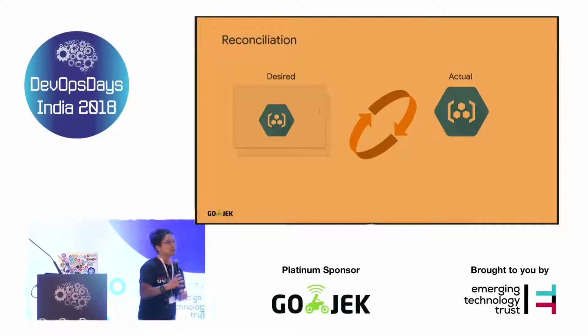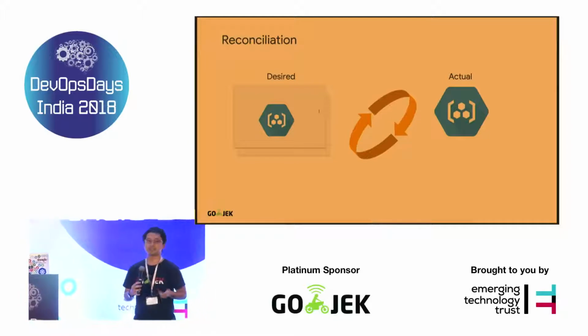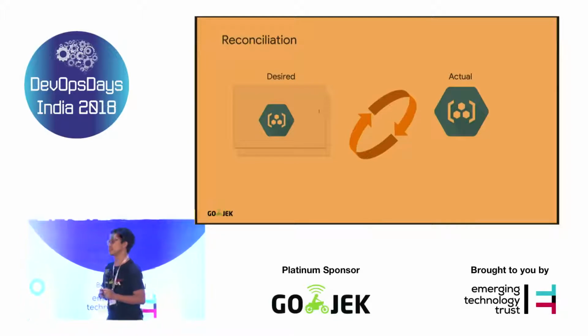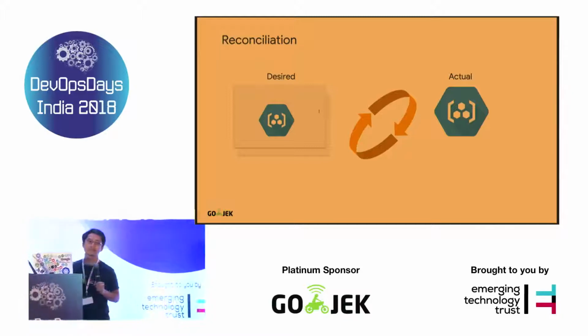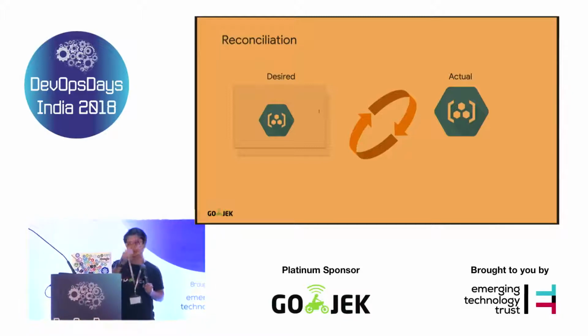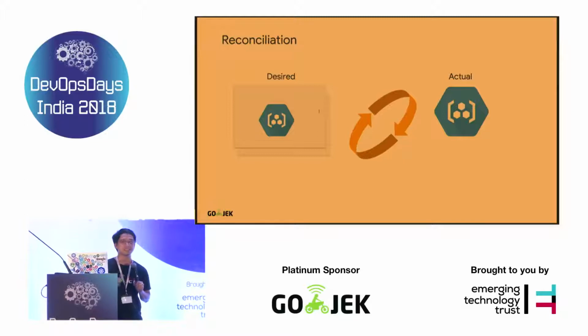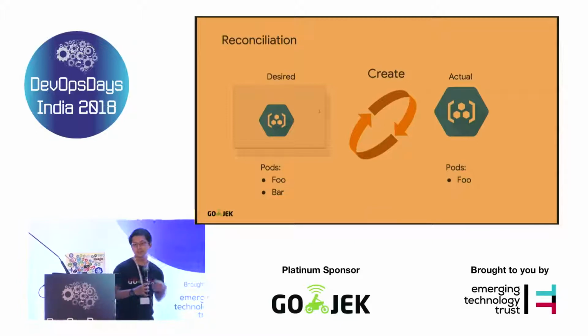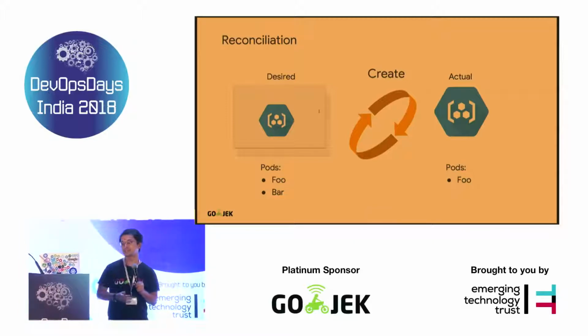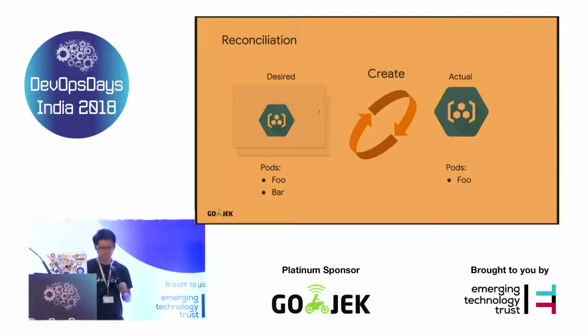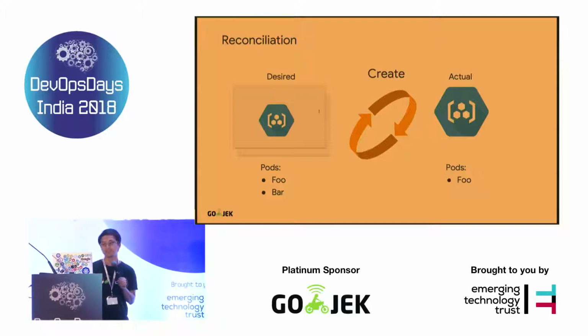I want to take a step back and introduce you to a design pattern called the reconciliation pattern, which is used everywhere inside Kubernetes, as well as probably in other tools in the DevOps world. In the reconciliation pattern, we have a desired state. We also have an actual state. There's a reconciliation loop, which tries to match the actual state to the desired state. In the context of Kubernetes, let's say we want 2 pods in the desired state. The reconciliation loop will see that the actual world only has 1 pod, which is foo.